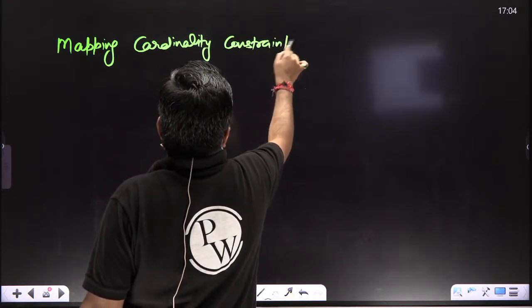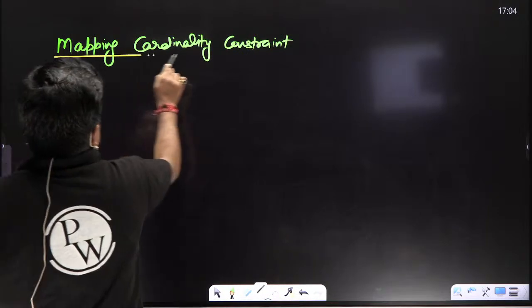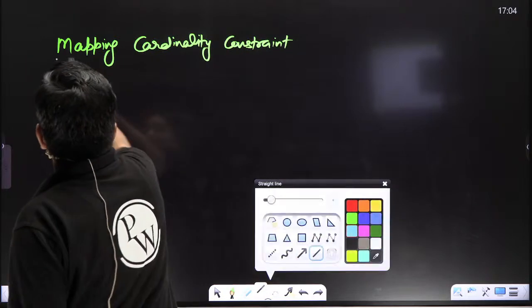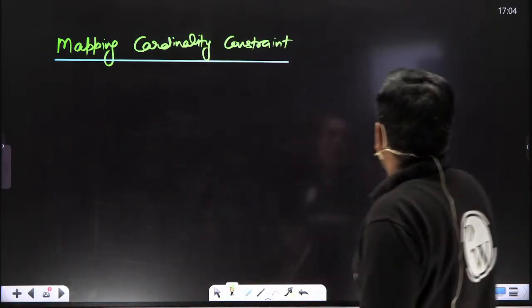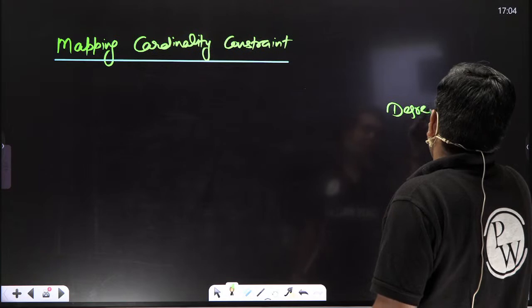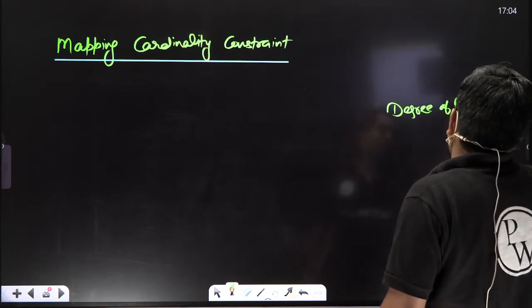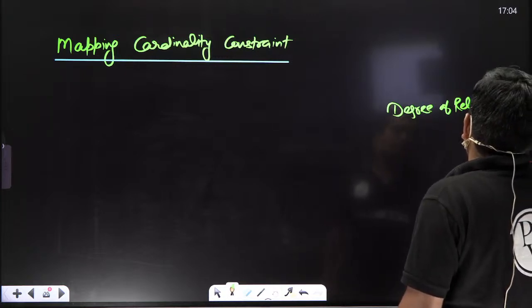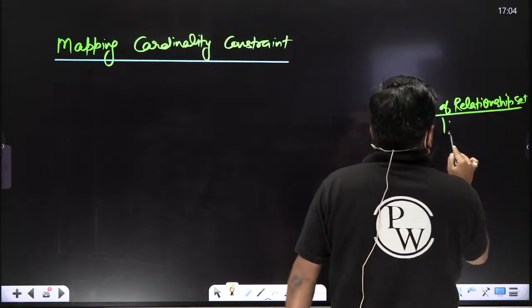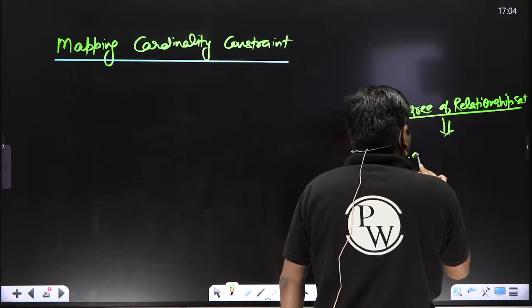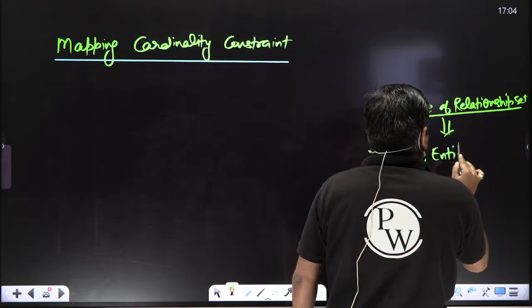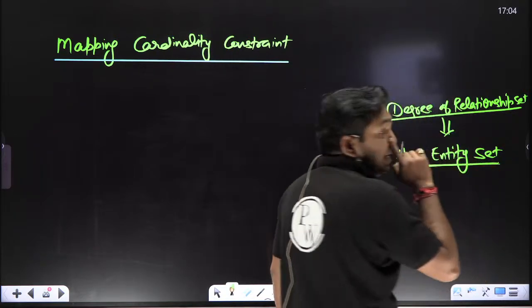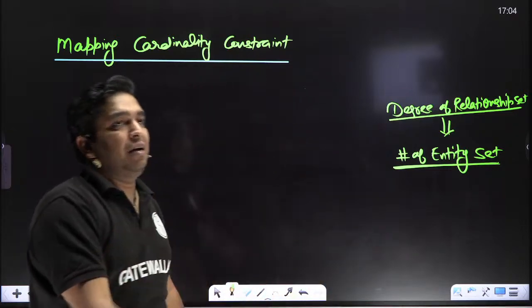So children, I have already discussed degree of relationship set. Degree of relationship set tells you how many entity sets are participating.